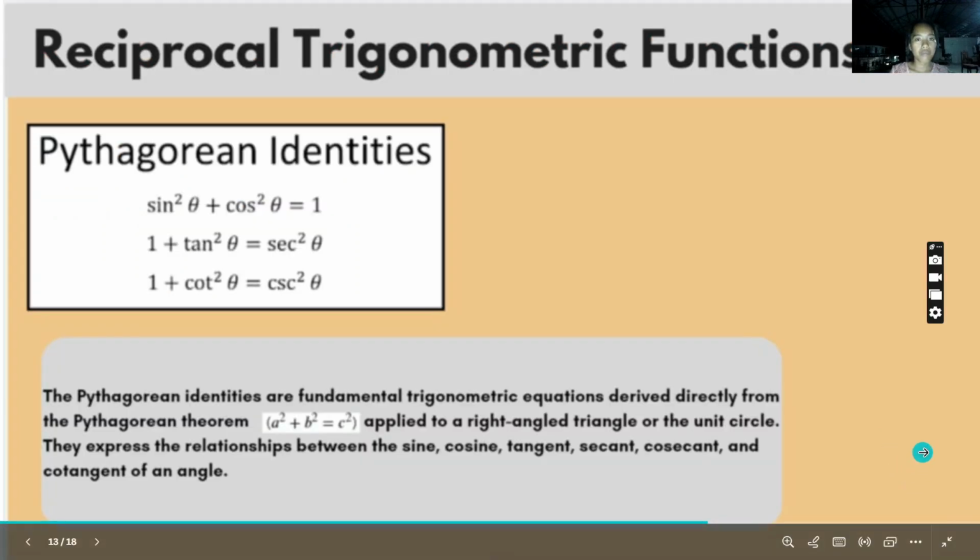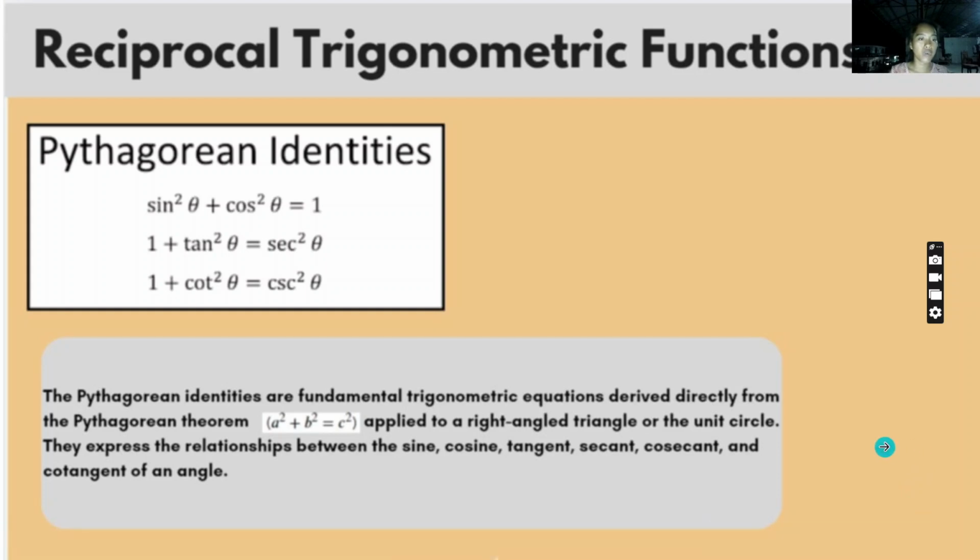So here we have the Pythagorean identities. Sine squared theta plus cos squared theta is equal to 1, which can be derived into 1 plus tan squared theta is equal to sec squared theta, and 1 plus cot squared theta is equal to cosecant squared theta.